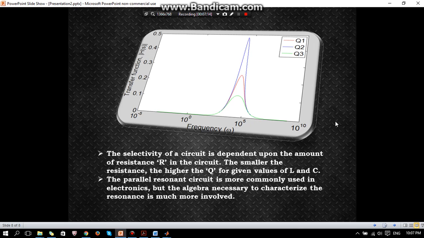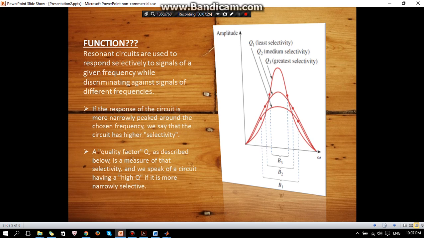The parallel resonant circuit is more commonly used in electronics, but the algebra necessary to characterize the resonance is much more involved. Series resonant circuits are used to respond selectively to signals of a given frequency while discriminating against signals of different frequencies.